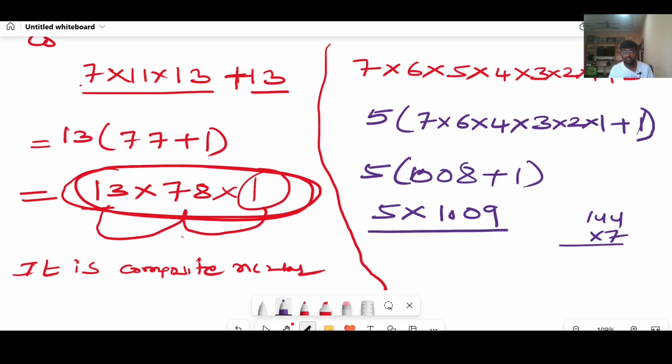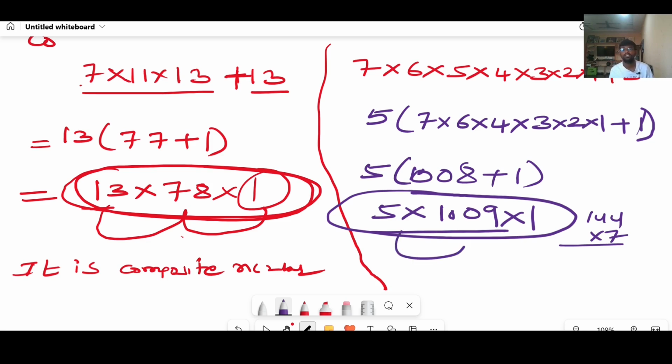Here also the same thing, 5 into 1009 into 1. Irrespective of this result, what will we get here? We don't know. But that result is having 3 factors. Therefore, it is also a composite number.